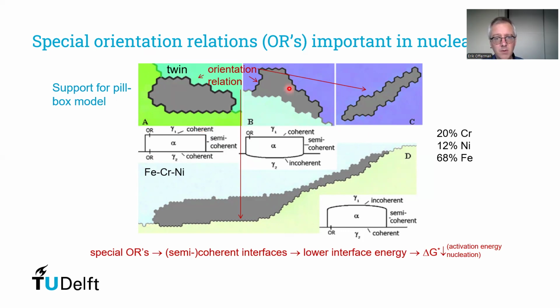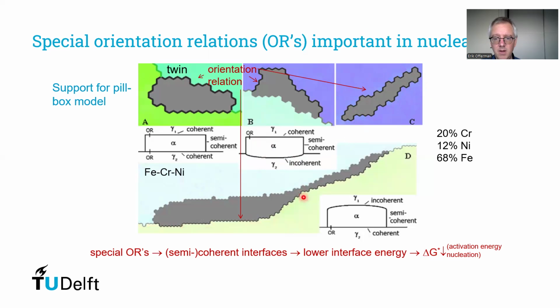We also found nuclei that have only with one austenite grain a special crystallographic orientation and not with the other. So that would correspond to the pillbox spherical cap model. We have nuclei that form in the bulk of the material, in the interior of the grain, with an orientation relation all around.